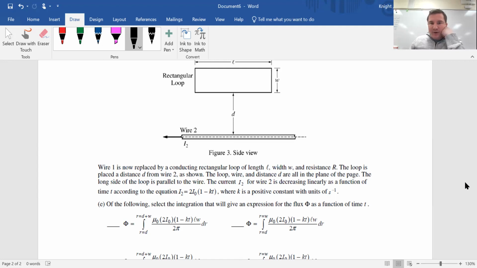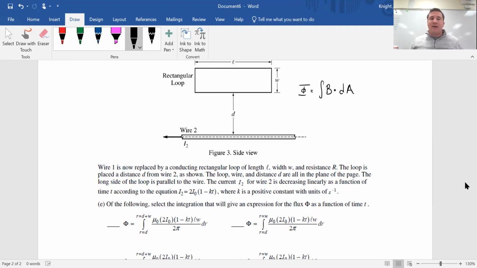So we need to figure out flux, all right, as a function of time. So our equation for flux, flux is equal to the integral of B dot dA.